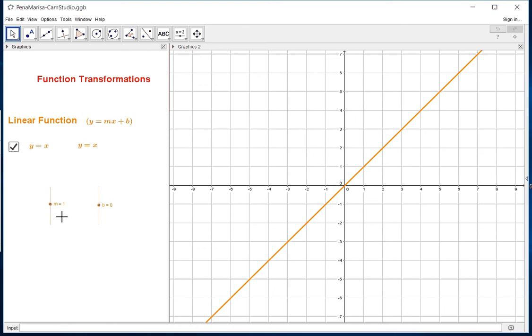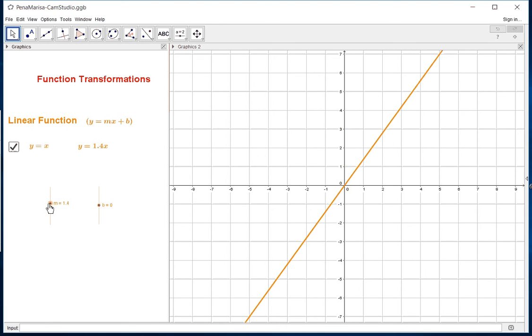Now what happens as we change our slope? We're going to make it a larger number in the positive direction and see how this affects our graph. So if I grab my slider and let's study the effects of changing the slope to a larger number. How is this affecting our line? Well, as my number is getting larger, I notice that my graph, the graph of my line, is getting closer to the y-axis.